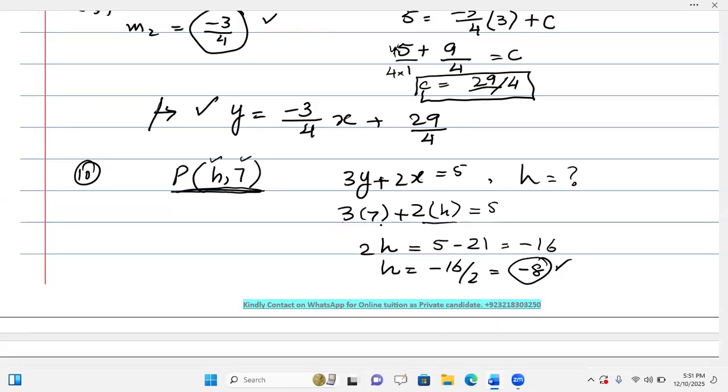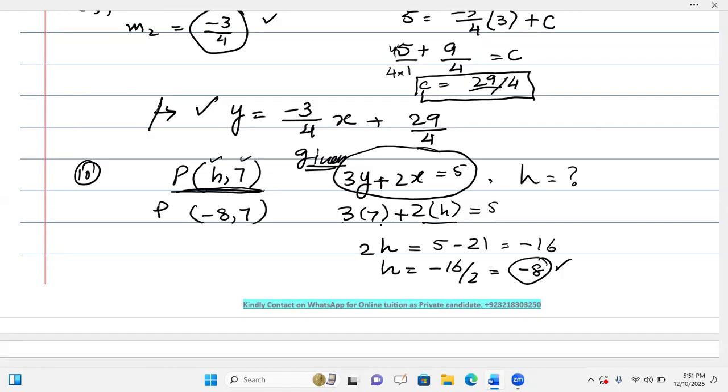After that, he is saying line L is perpendicular to the line. Now he is saying the line 3x plus 2y equal to 5 is given, and another line is taken which is perpendicular and passes through the point P. So point P has the vertices minus 8 comma 7.